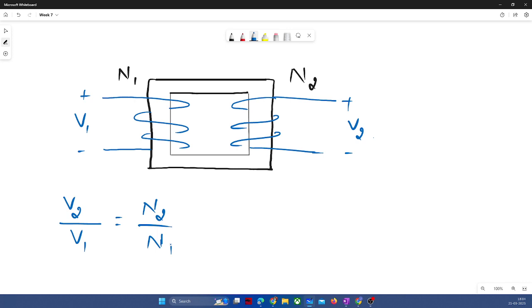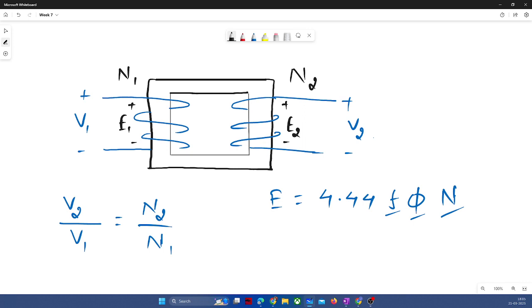Whatever the EMF that is induced, let me write the formula for EMF. That generally comes out to be 4.44 F phi N. Here F is frequency, phi is flux, and N is your number of turns. So whatever EMF will be induced in the windings E1 and E2 will be a function of frequency, flux, and number of turns.